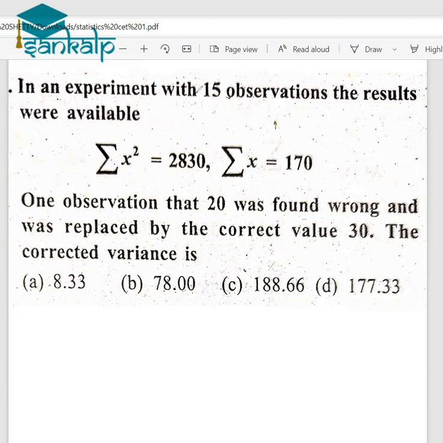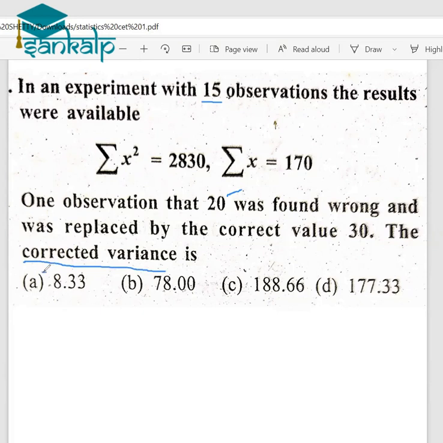So the number of observations are 15. They have given us the value of sigma x square, sigma x, and they are asking us to replace the observation 20 with 30. We need to replace the observation 20 with 30 and recalculate the variance, that is, the corrected variance we need to calculate.